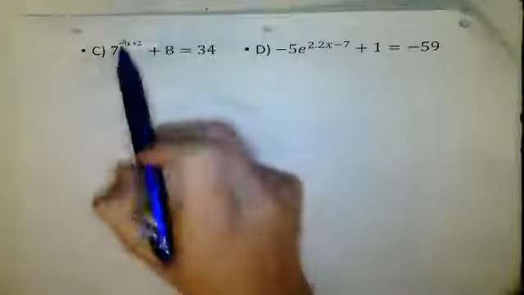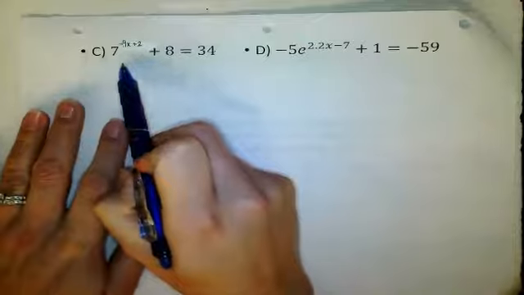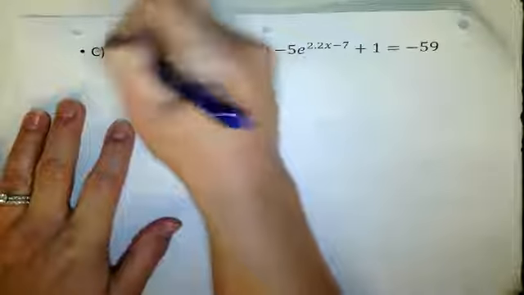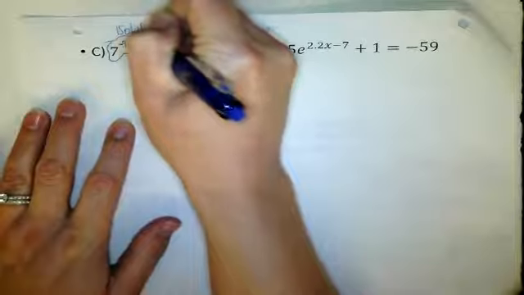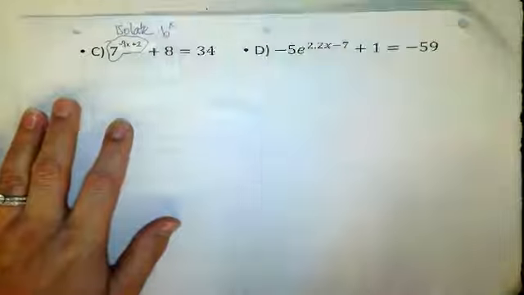7 to the negative 9x plus 2, less 8 equals 34. I made a slight adjustment after first period today. When we're solving exponential equations, you must isolate the base with your exponent.